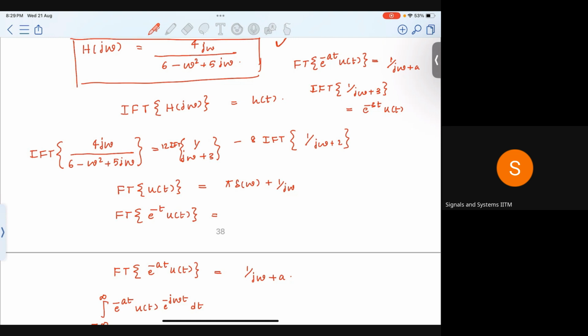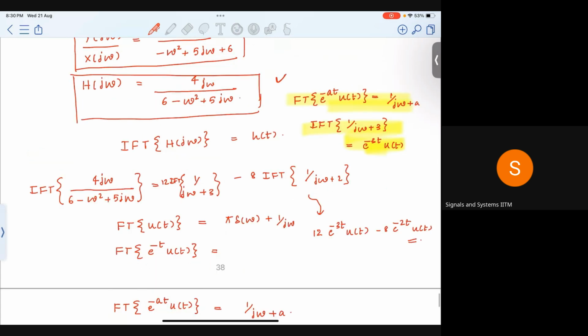From what we know, what we get is simply 12 e power minus 3t u of t minus 8 e power minus 2t u of t. Correct? That is all it is.